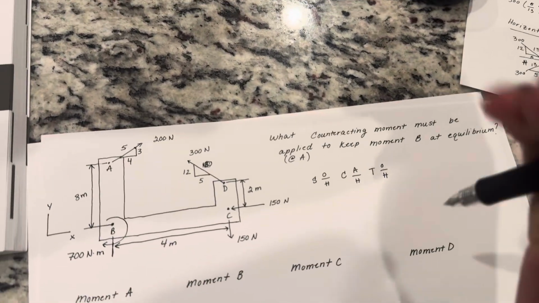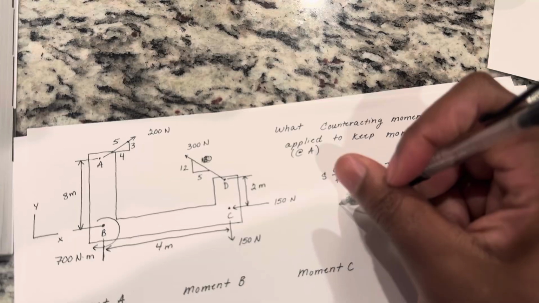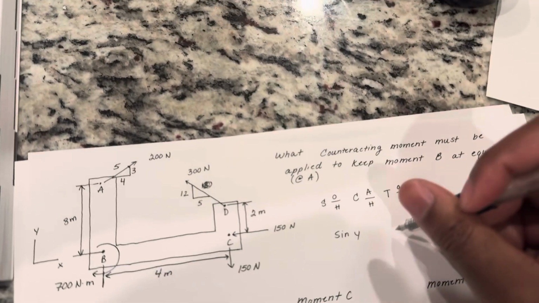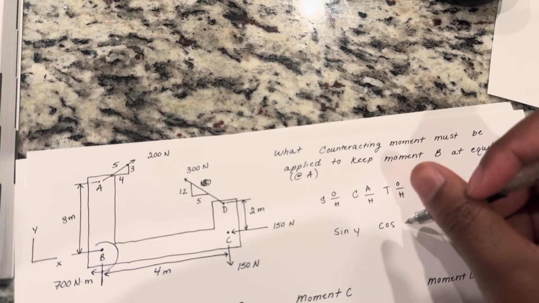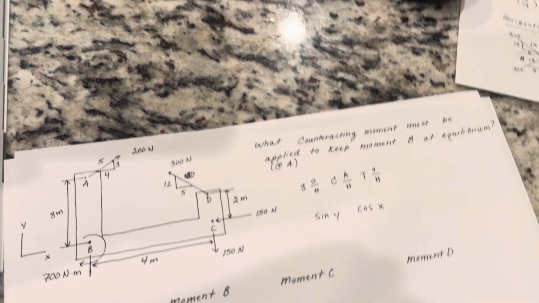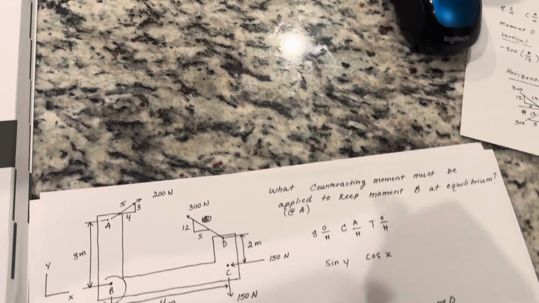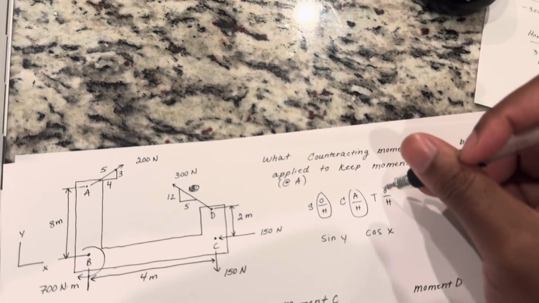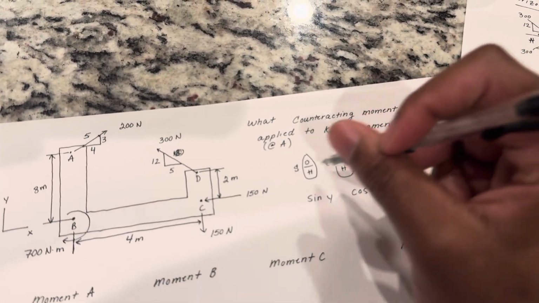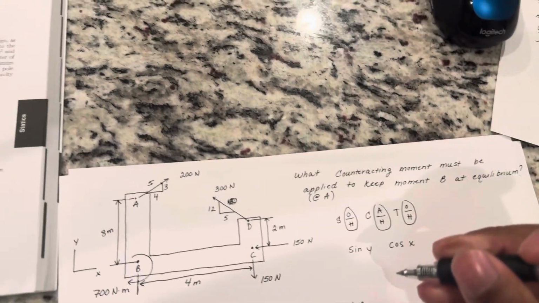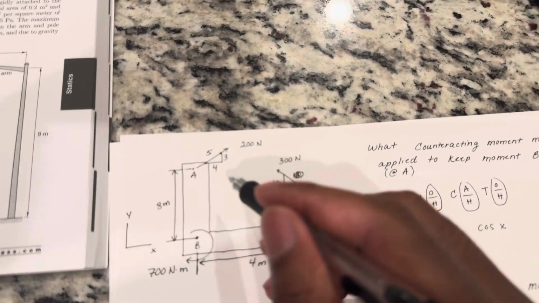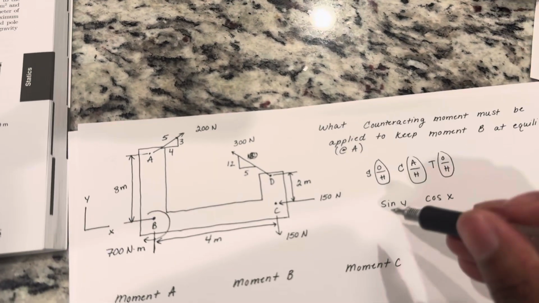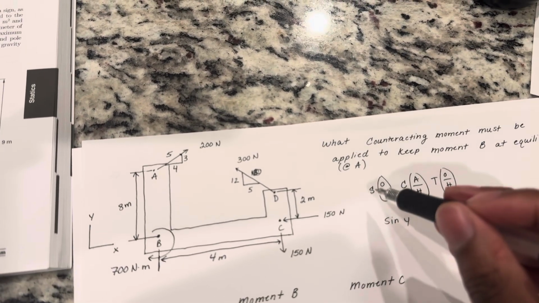Where this comes in handy is that sine is for your y-axis and cosine is for your x-axis. What we really care about is the y-axis, so we care about sine.